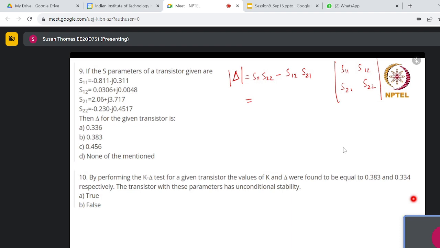Madam, the answer is 0.3137 only, it is coming. Okay, fine. Two times I put the same answer only, I am getting. Okay, no problem. Just waiting for everyone.